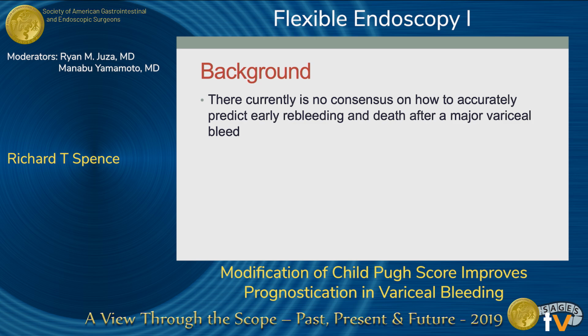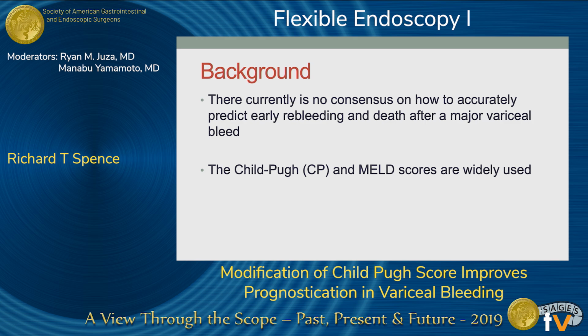So there is currently no consensus on how to accurately predict early rebleeding and death after a major variceal bleed. We're very familiar with the Child-Pugh score as well as the MELD score. Child-Pugh was initially described by Child and Turcotte, specifically looking at portocaval shunt surgery in the late 60s.